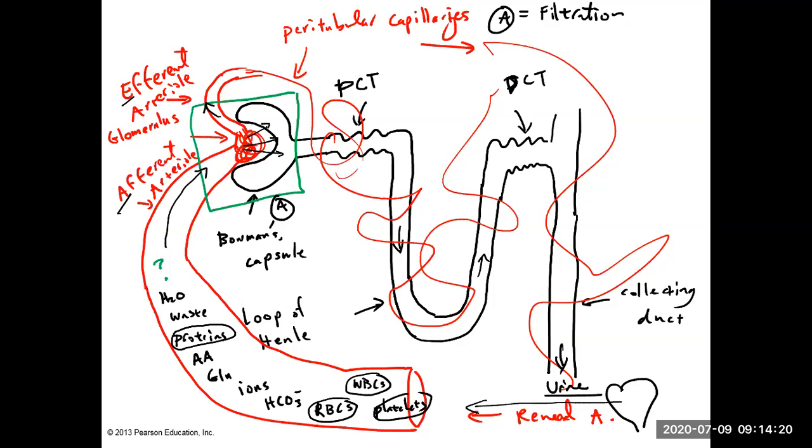All right. So now what? Now this stuff is passing, or the ones that I'm putting a check mark next to, those are passing, right? So the ones that are passing end up on the inside of the nephron. And this stuff, the check mark, we call filtrate.